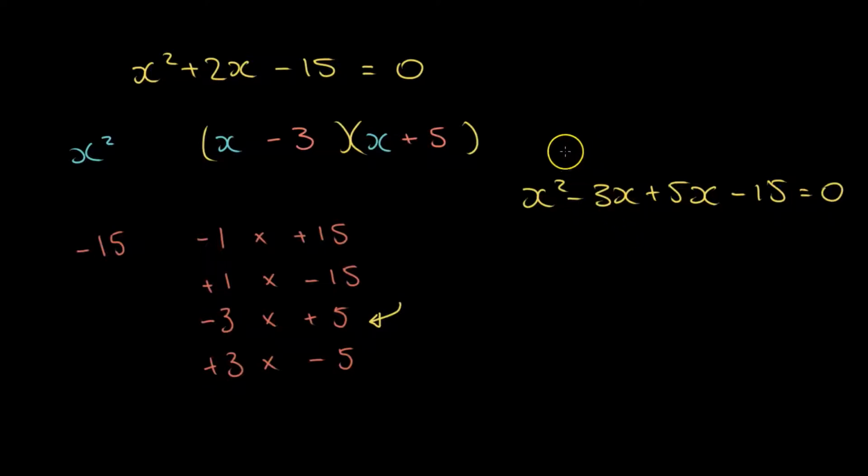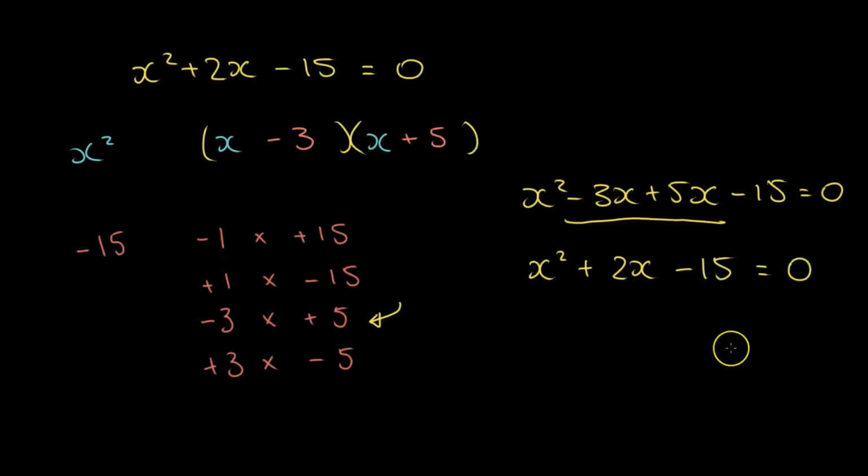And if I combine these middle two terms, negative 3x and positive 5x, that becomes plus 2x minus 15 equals 0. So I've got the correct middle term, the correct x term, for my original quadratic equation.